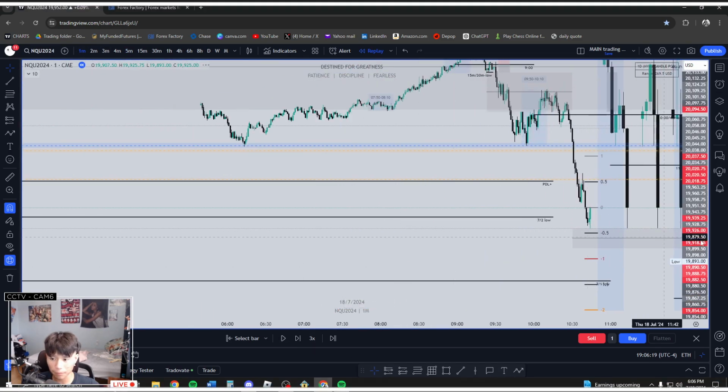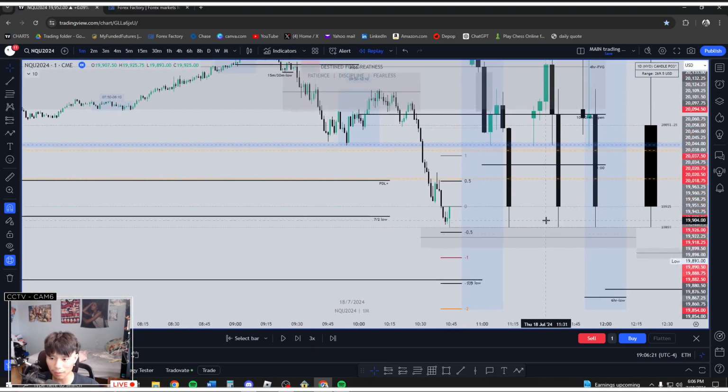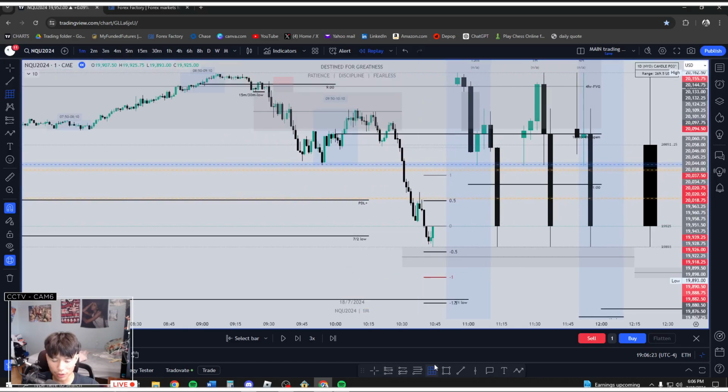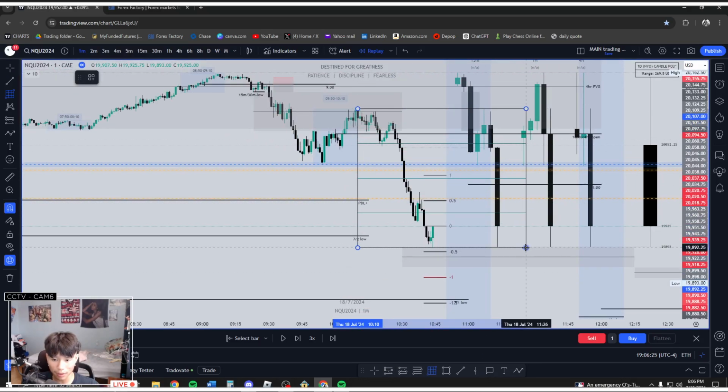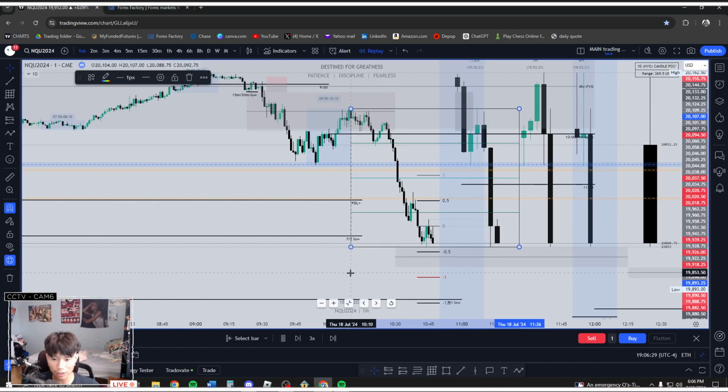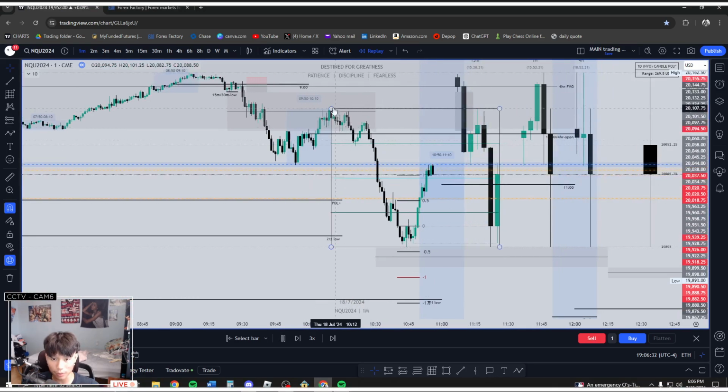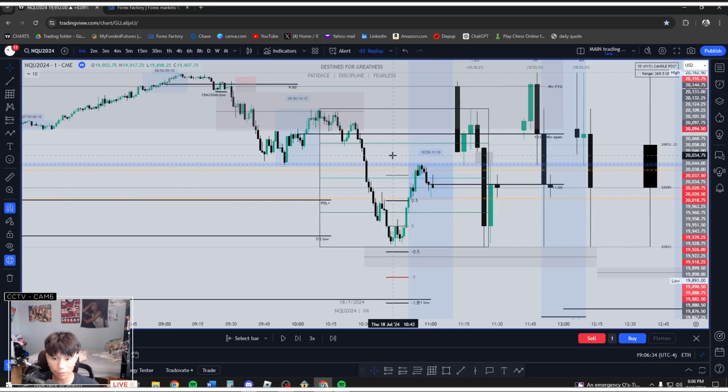And we had a deeper retracement per se. So we had a retracement back inside the equilibrium of this price range from this price leg high.